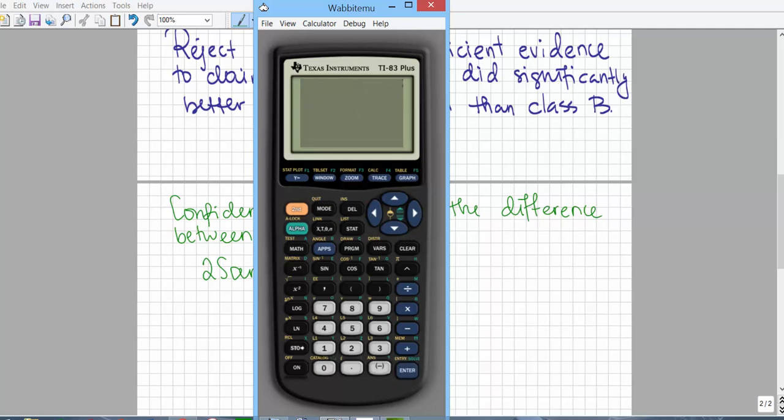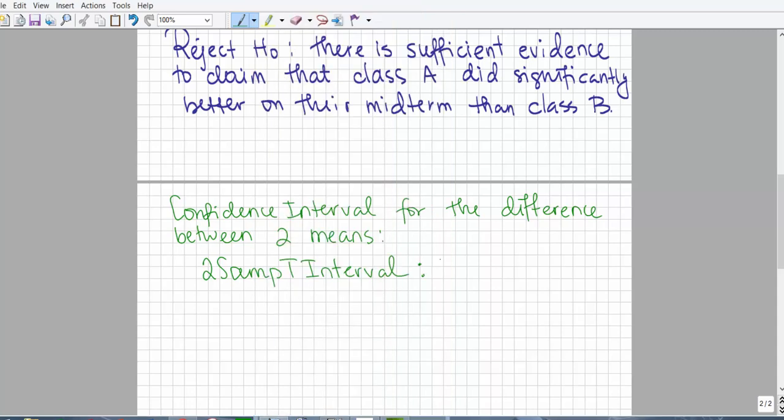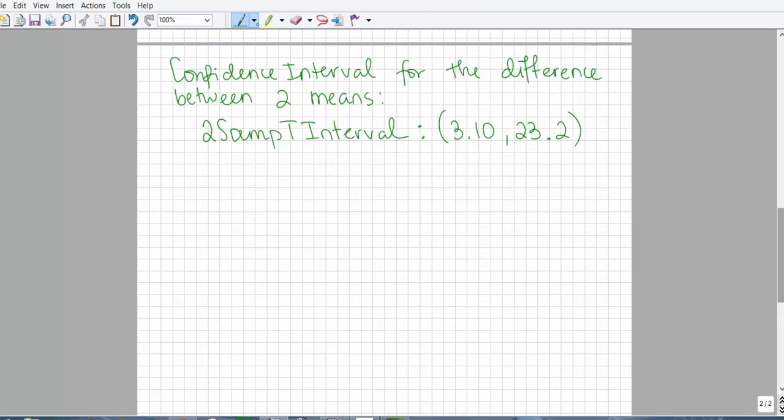Okay, I'm going to go ahead and compute this interval. Let's see what we get. Let's call it 3.10, 23.2. Let's take a look again. Yeah, that's good. What is my interpretation here?